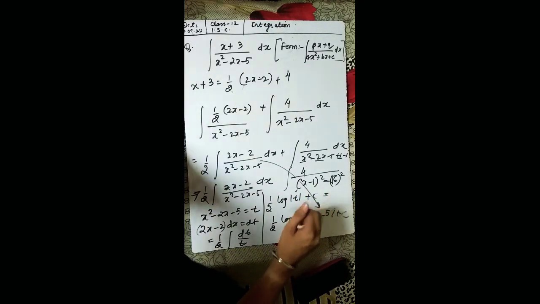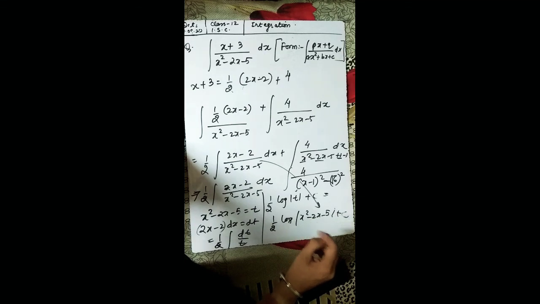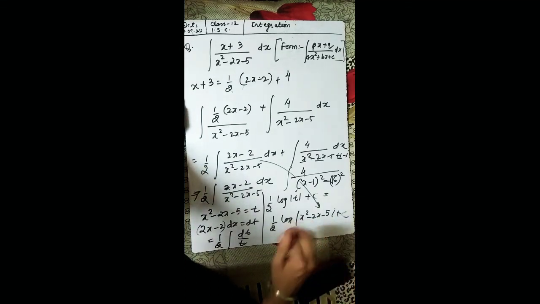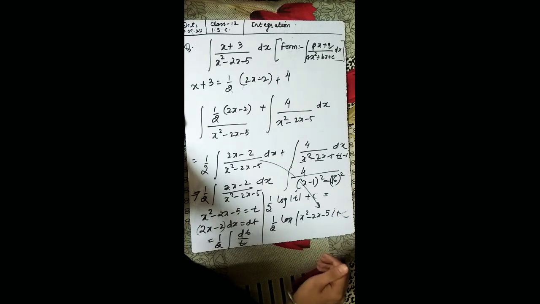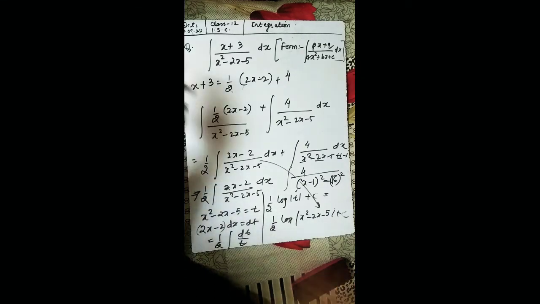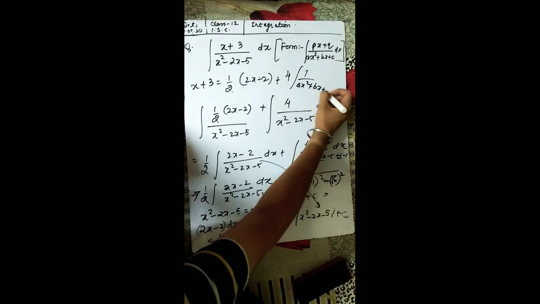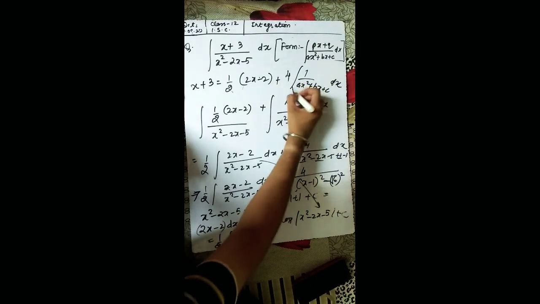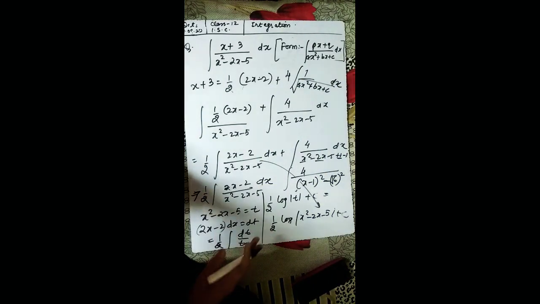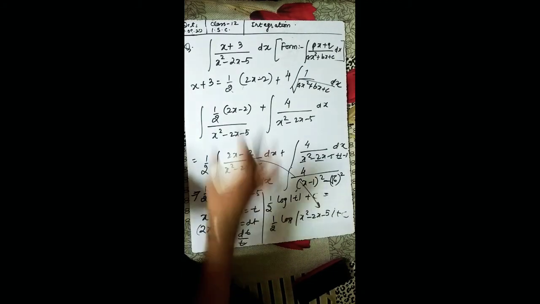What is integration of 1 upon under root a square minus x square dx? That is sin inverse x upon a plus c. And integration of 1 upon under root x square minus a square is log of x plus under root x square minus a square plus c. So the forms are matching. The criteria of solving both the questions, this one and the under root one, are the same. So I don't think I need to explain that particular form.